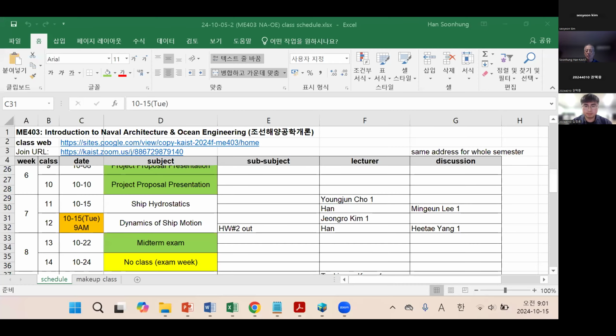We'll start with the Jongno game first and myself, and then we go on to the discussion session. All right. Any questions on schedule or other items? And also, in the afternoon at 1 p.m., as a regular classroom, we will be in the classroom physically, and we'll cover ship hydrostatics in the afternoon.